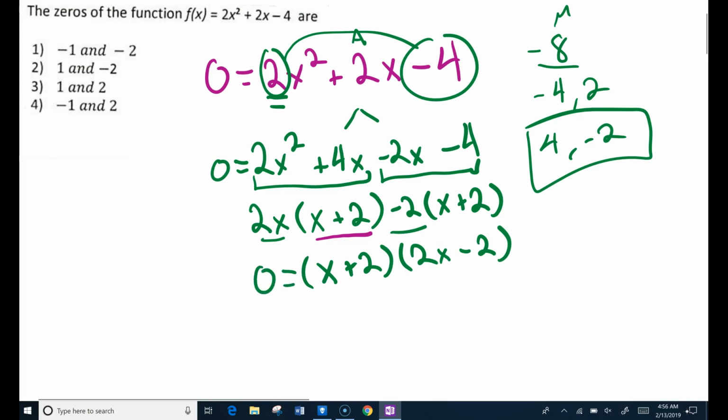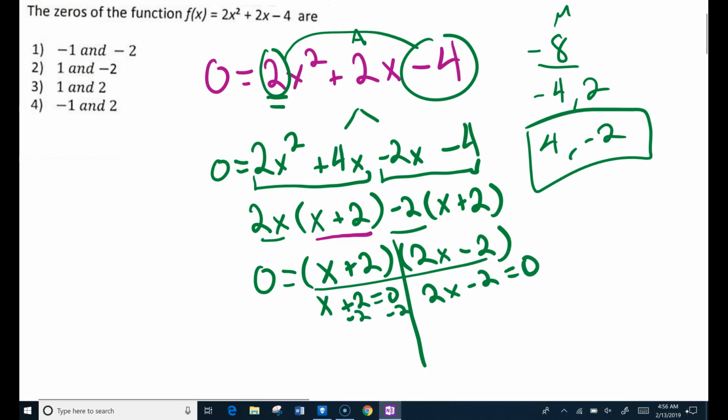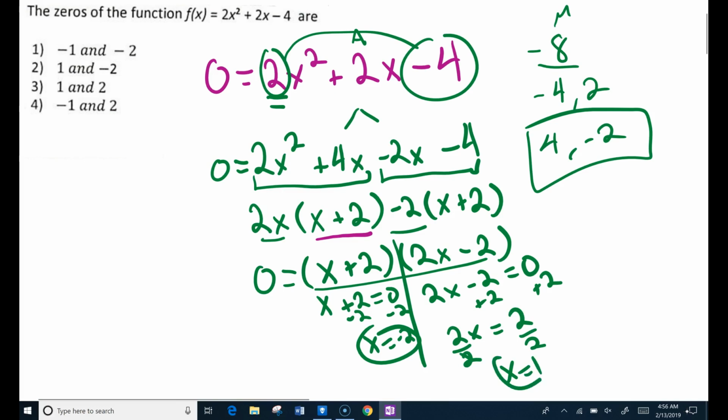Remember that this is still set equal to 0, so I could tee it off and solve it how I normally would, where I set x plus 2 equal to 0 and 2x minus 2 equal to 0. When I subtract 2 on this side, I get x equals -2 as one of my solutions. And when I solve this right side equation, I end up getting x equals +1. So my answer choice for this one would be choice 2.